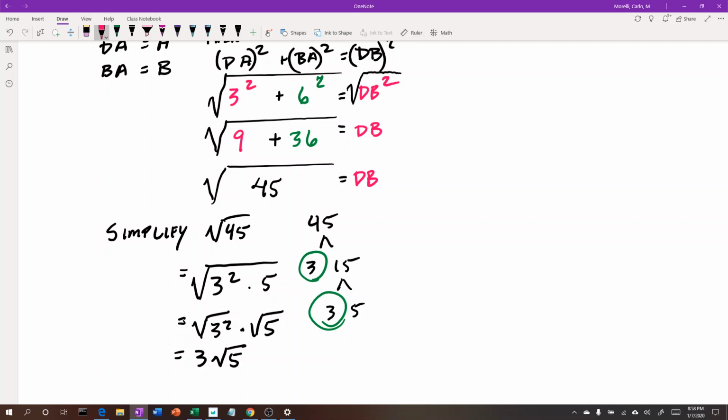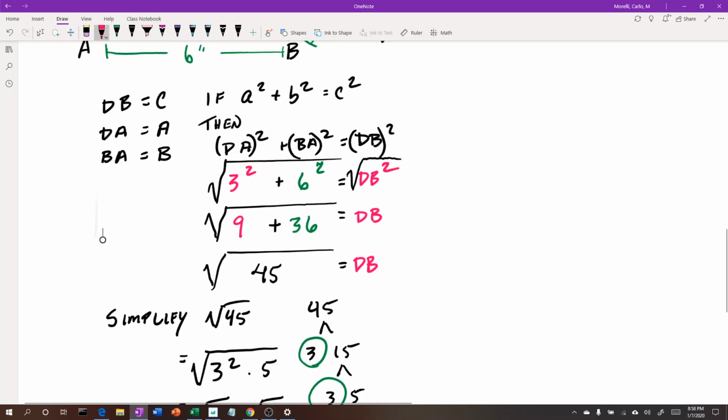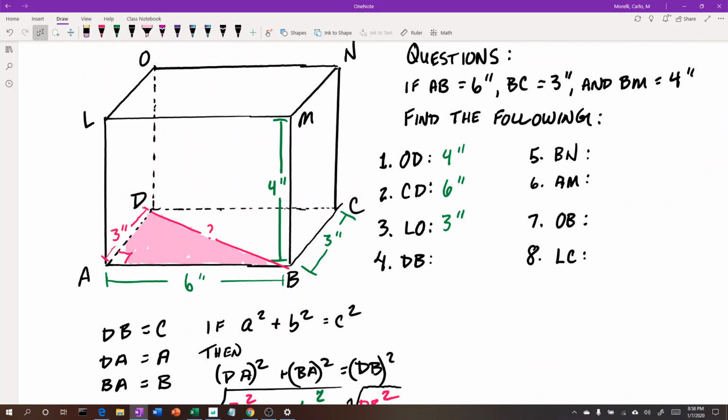This is dB right here. Three square root 5 inches. You know, we would want to leave that exact, but if you run the number in your calculator, you can approximate it.